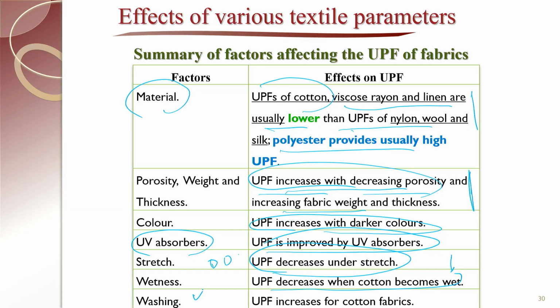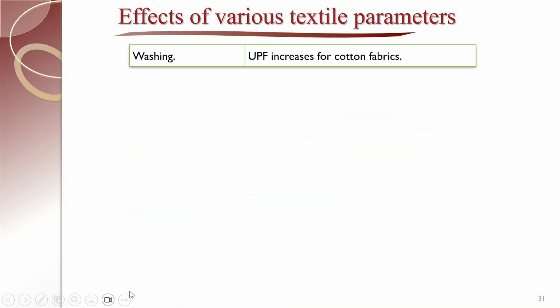That is why the UPF increases, otherwise there is no reason. After repeated washing, in other materials it is observed that the UPF value decreases. So, for cotton, UPF increases mainly due to shrinkage.